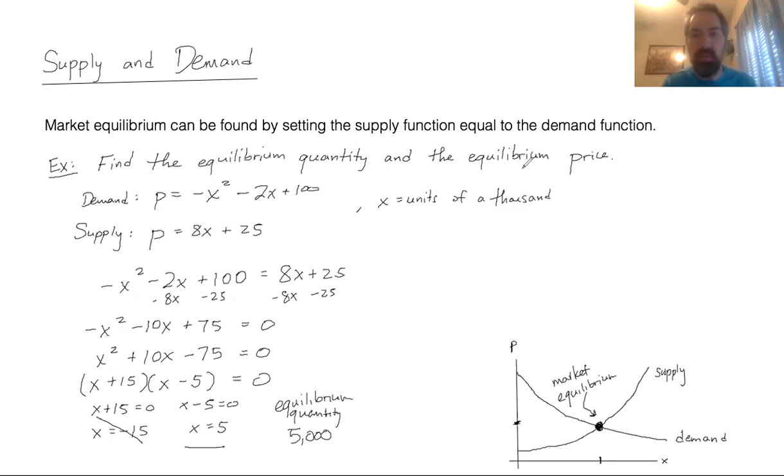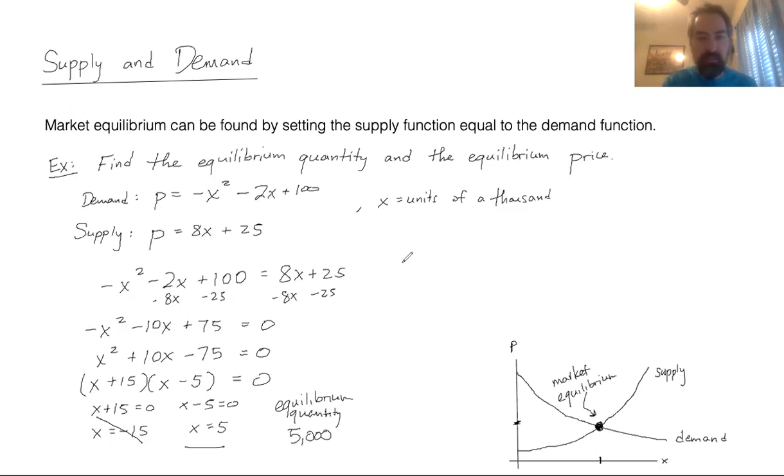And what's the equilibrium price that we'll set? So the price should be the same for demand and supply. So it doesn't matter which function I plug 5 back into, I should get the same answer. So I'm going to plug it into the easier one, the simpler one, which is the supply function, since this is just a linear function.